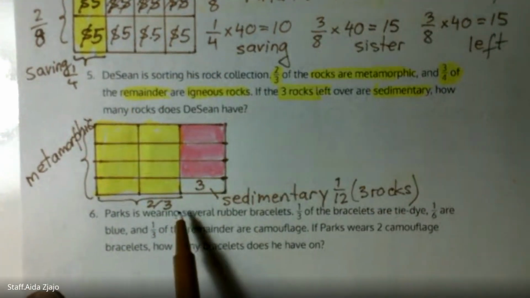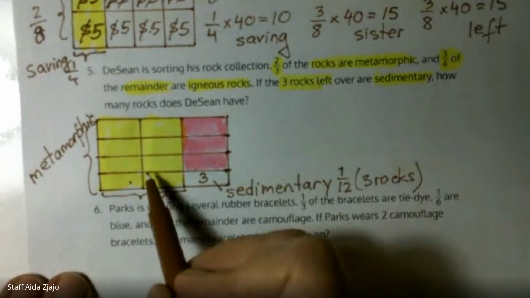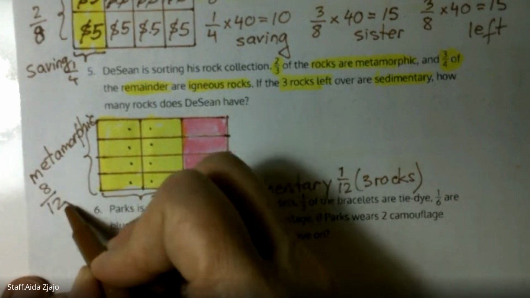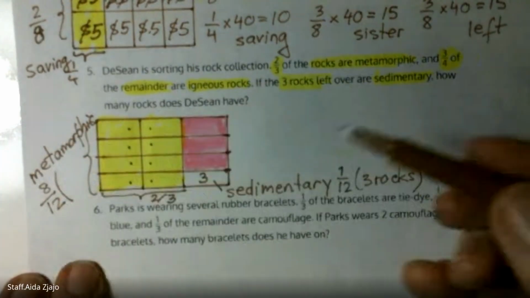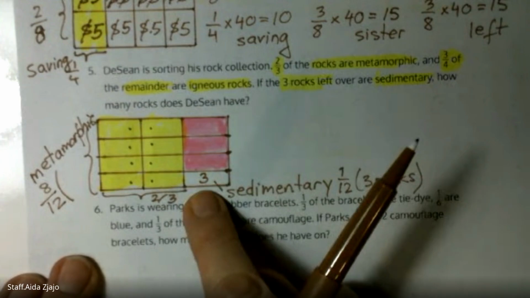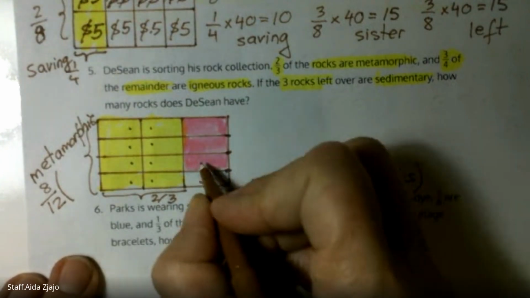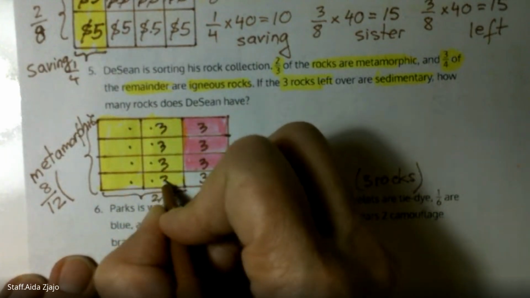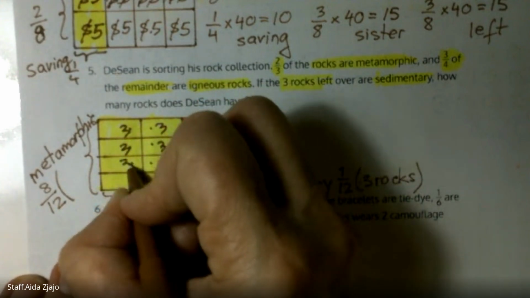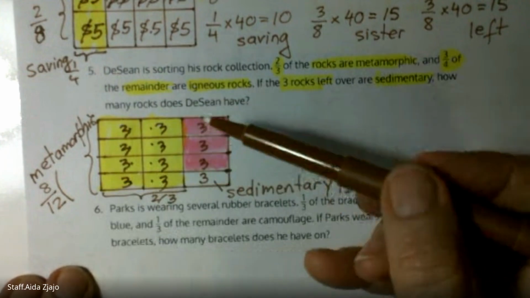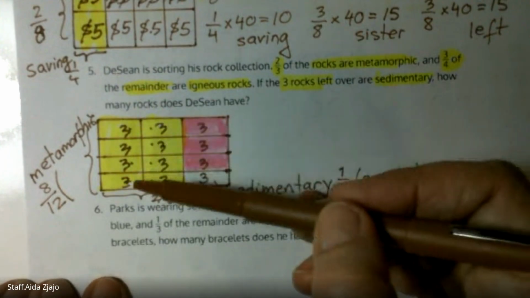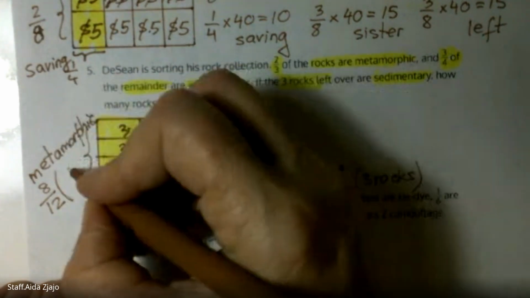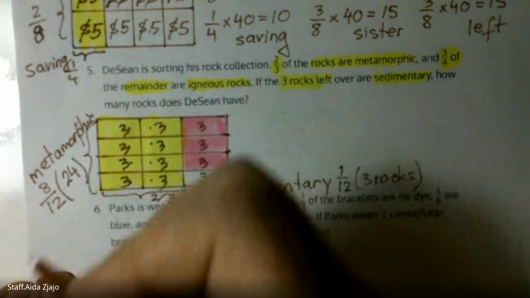Metamorphic are 2/3 of the shape, or 1, 2, 3, 4, 5, 6, 7, 8 twelfths. 8 twelfths. And now each box is 3. Leftover is 3, so 3 and 3 and 3 and 3 and 3 and 3 and 3. So now we know how many rocks are metamorphic. We have 1, 2, 3, 4, 5, 6, 7, 8. 8 times 3, 3 times 8 is 24 rocks.